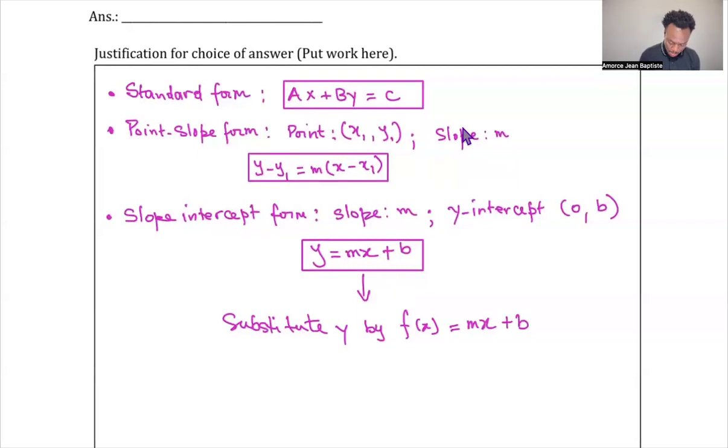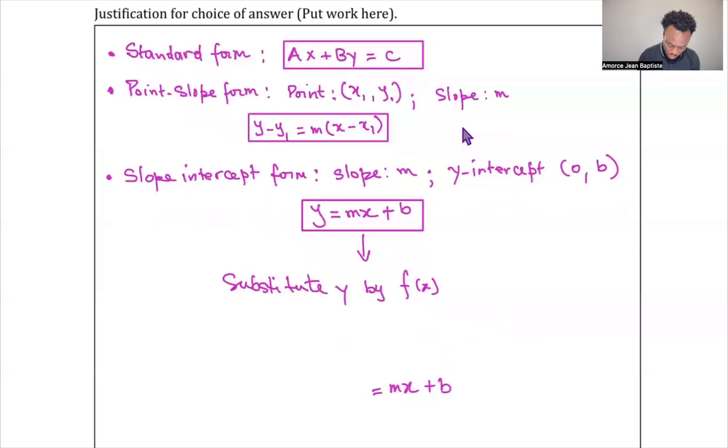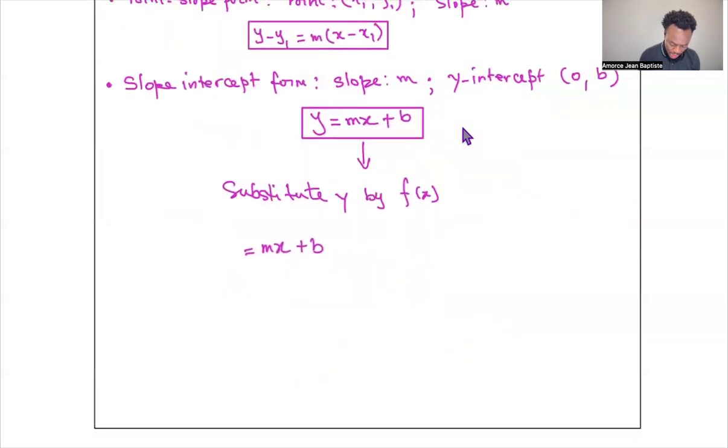So we substitute y by f of x, where we would have f of x equals mx plus b. That's the function notation of the equation of the line.